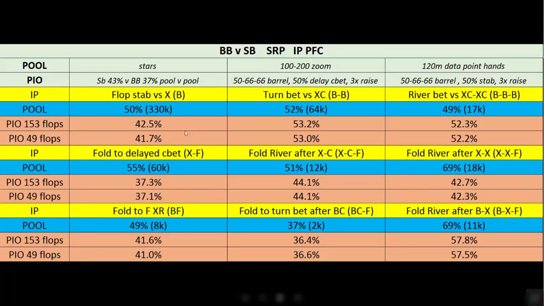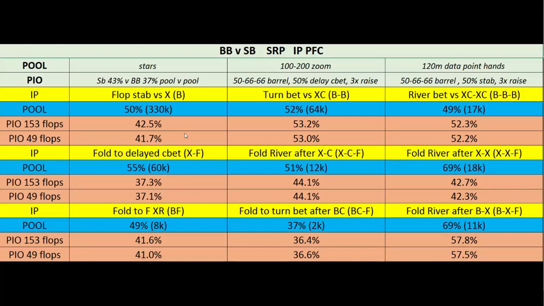So I would argue that the deviation of 0.8% is insignificant when it comes to the gap between what the pool's doing. So the hotspot is so large that the deviation in the extra accuracy we gain from using the 153 flop subset in this case is negligible and probably not worth all the extra inconvenience that I've outlined.